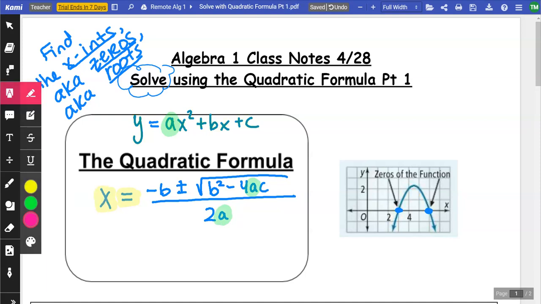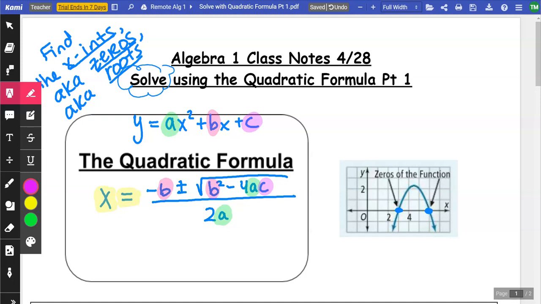You're taking the coefficient of x, b, and plugging it into the formula here and here. And then c is your constant, and that's getting plugged into the formula here. So we're just taking a, b, and c from ax squared plus bx plus c, and plugging them into this little formula. So that formula is x equals negative b plus or minus the square root of b squared minus 4ac all over 2a.